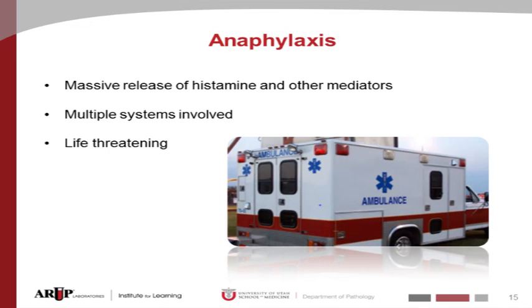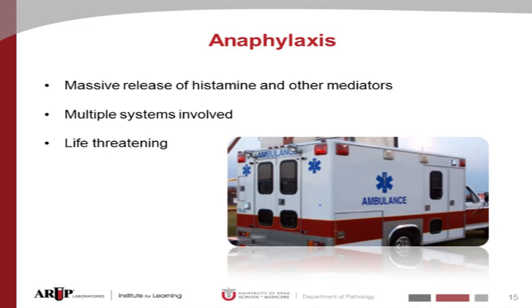So the symptoms may start as hives or cramps, but they can proceed to shock or death. As the vessels dilate, fluids leave the bloodstream, tissue edema occurs, blood flow slows, blood pressure drops, and the bronchioles become constricted.